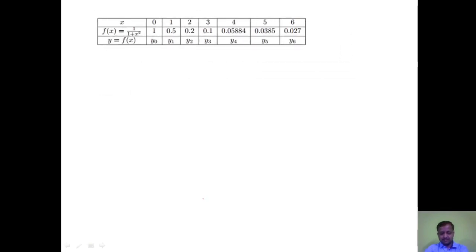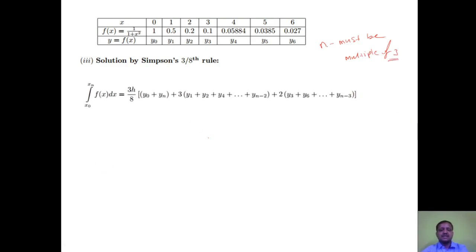What about next? Simpson's 3 by 8th rule. When is it applicable? The number of intervals n must be a multiple of 3. Here 6 is a multiple of 3, therefore it is applicable.